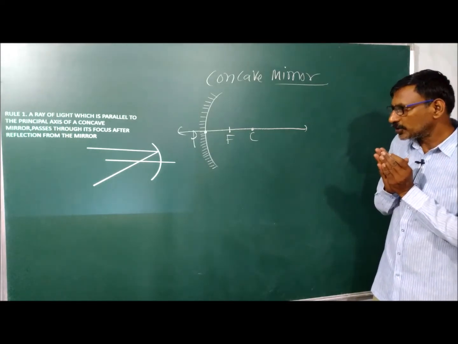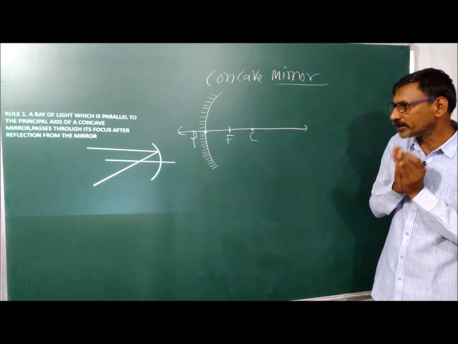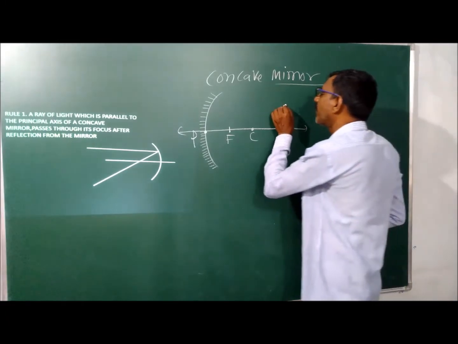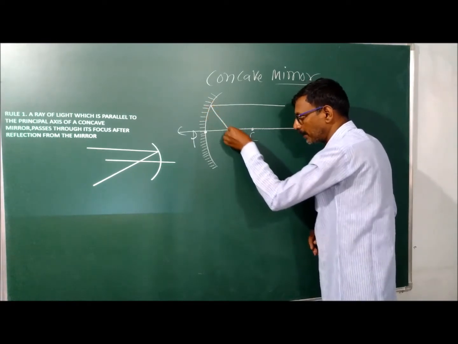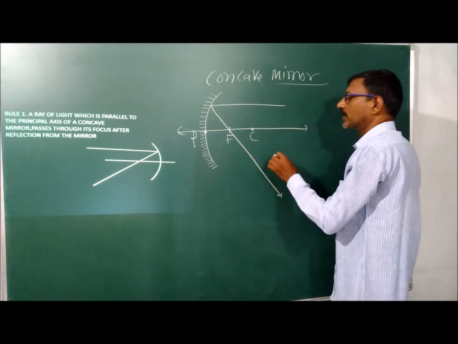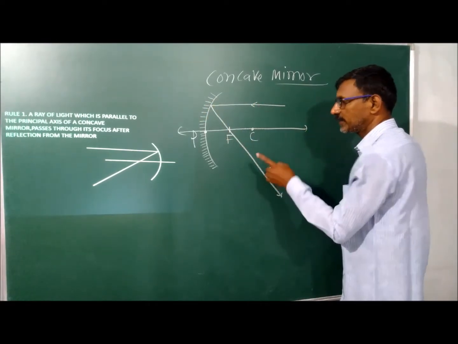We have to use rules. The first rule says that if a light ray travels parallel to the principal axis, it bounces back, passing through the focus. This is my first rule.